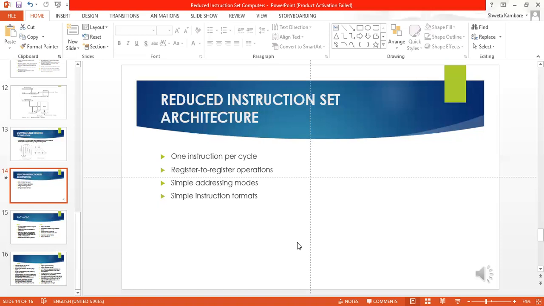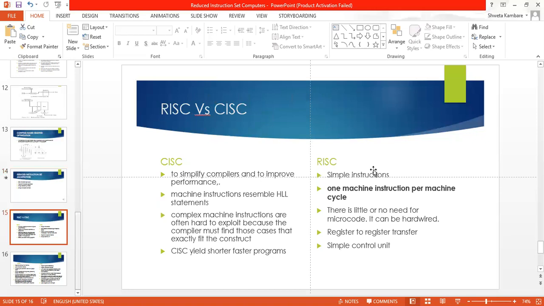The opcodes again are going to be a little bit smaller because the instruction set is reduced, and it will require less time for your processor to decode these instructions. And also remember one more thing, it will be very complicated to implement pipelining in CISC, but pipelining can be implemented easily in RISC.